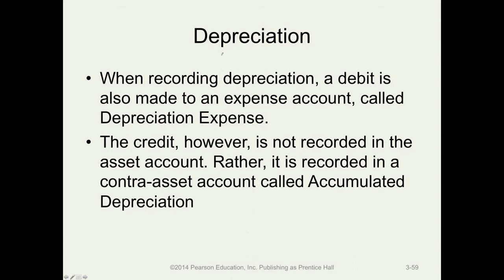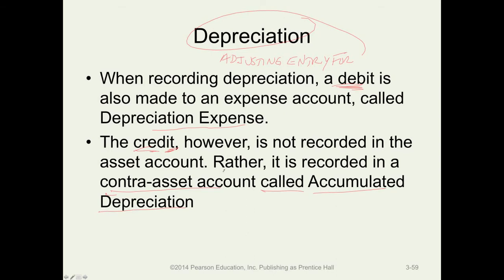So when we make the adjusting entry for depreciation, you're going to debit depreciation expense, but the credit is going to go to a contra asset account called accumulated depreciation. Now, we never debit or credit the asset directly.